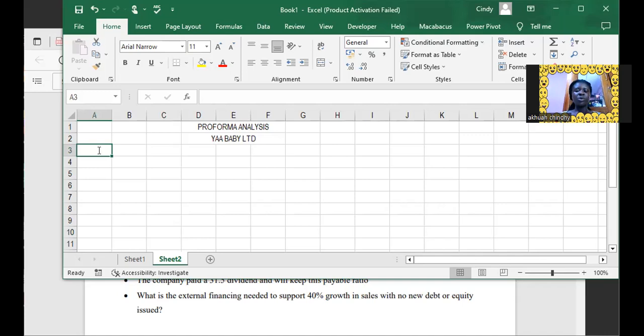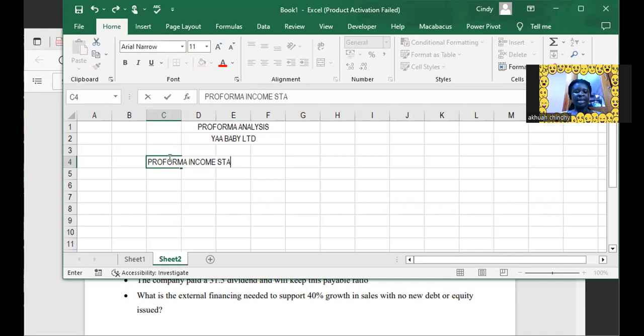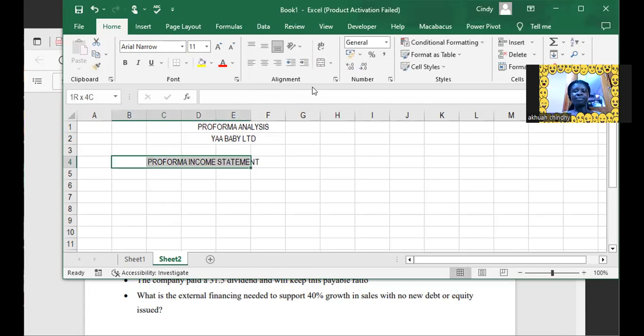So we'll start with the pro forma income statement. We will use the information in the question, right? So we have our sales here.